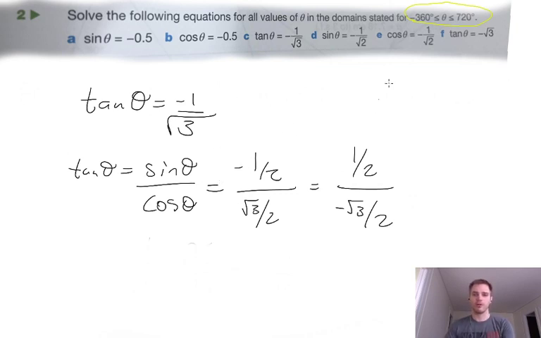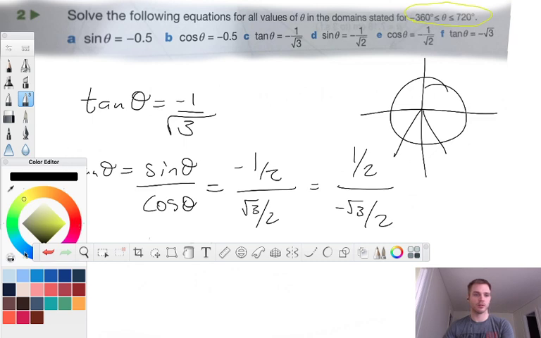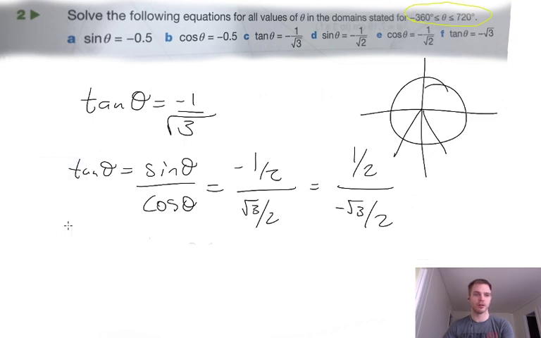So we want, so let's do a unit circle up here. So sine is equal to -1/2 here and here. And let's do cosine equal to √3 over 2 here and here.